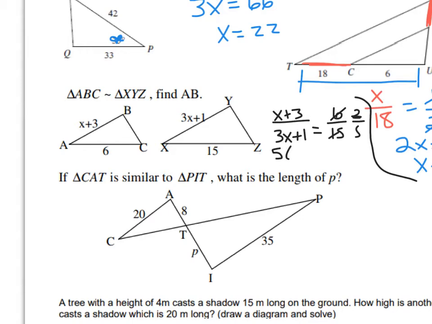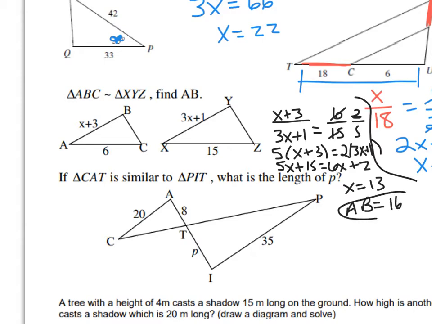So 5 times x plus 3 equals 2 times 3x plus 1. So 5x plus 15 equals 6x plus 2, which means x equals 13. It asked about AB though, so I need to substitute that in. So 13 plus 3 would give me 16.